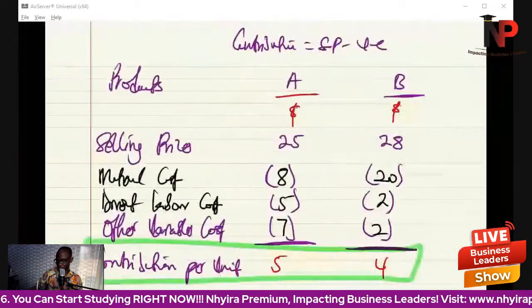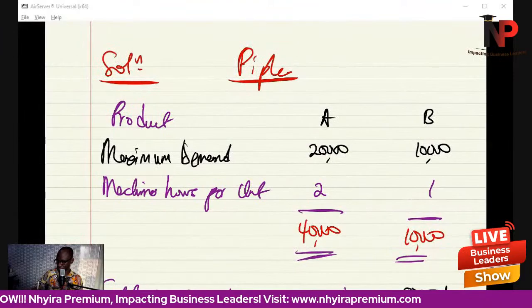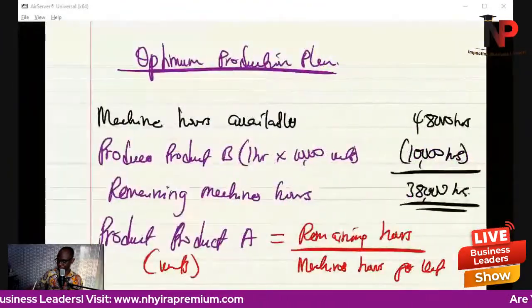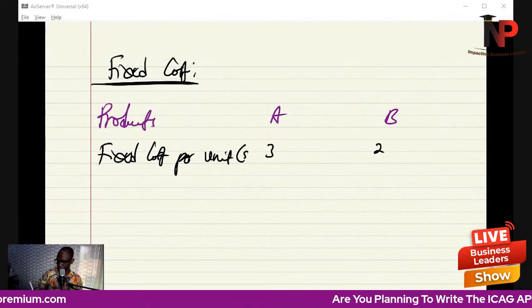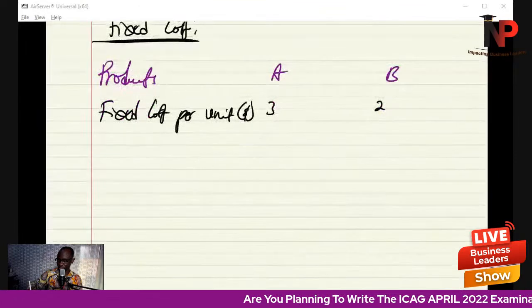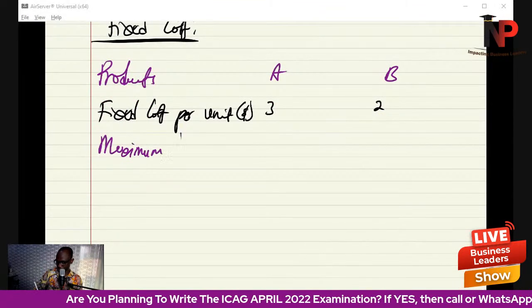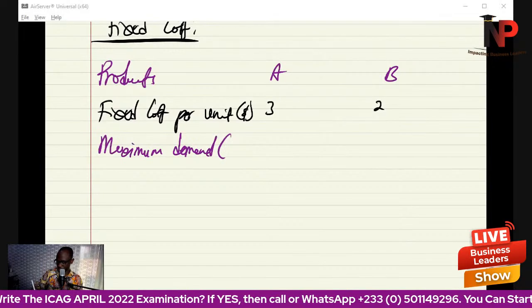So fixed cost per unit is going to be an amount of 3 and 2 respectively. Then we'll bring in the maximum unit, or the maximum demand in units.